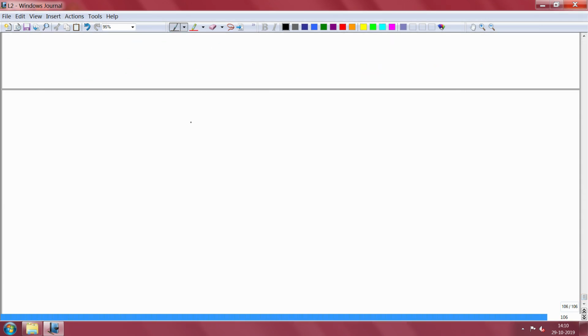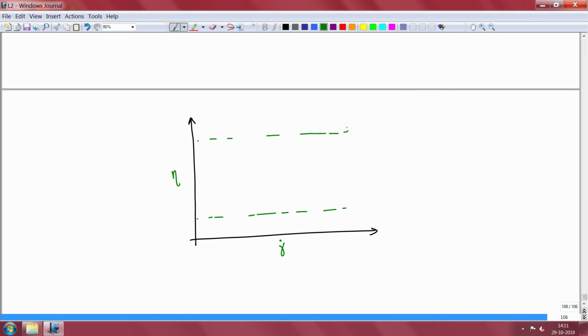I will just draw it here. Okay. So, here this value, this intercept, is also called eta naught or the zero shear viscosity.